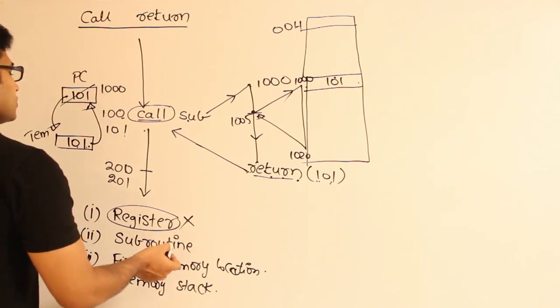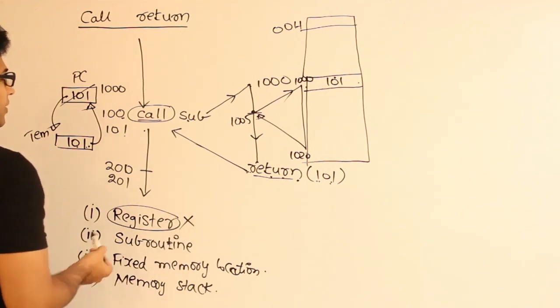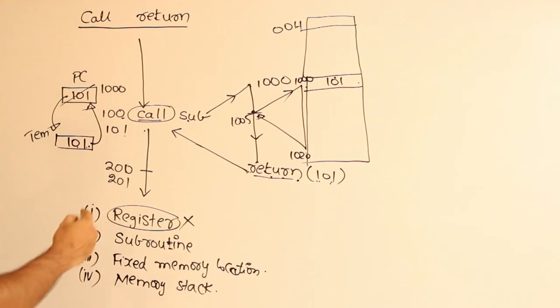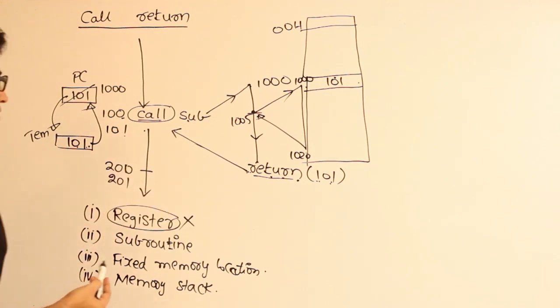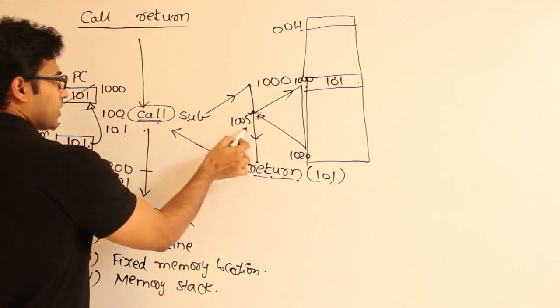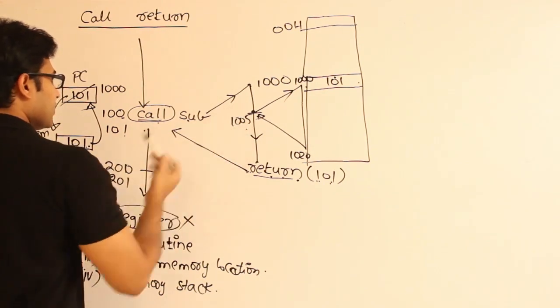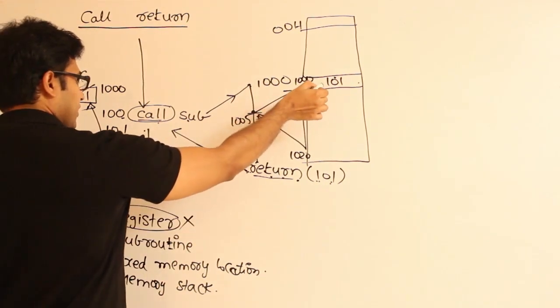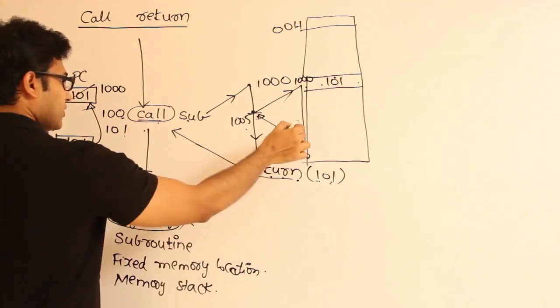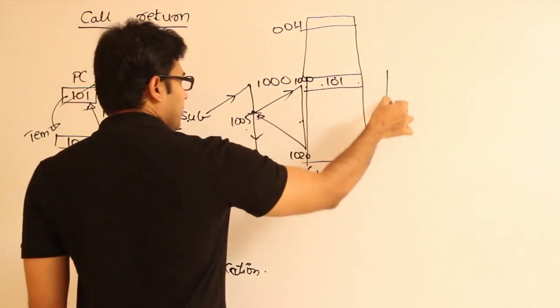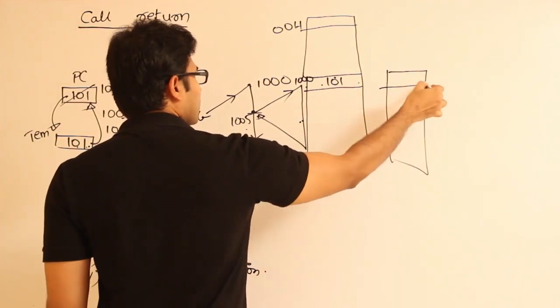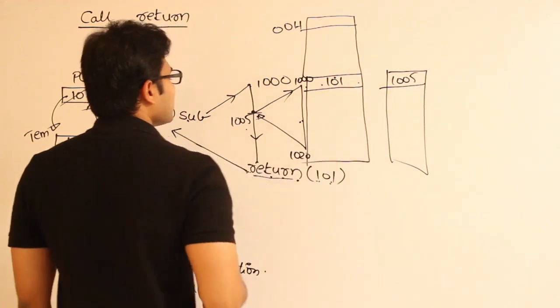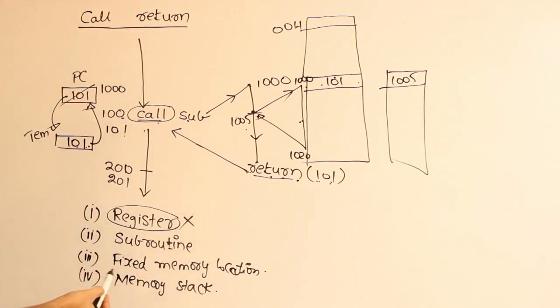Even if you are trying to store it in the subroutine, if you are calling two different functions, it will work. For example, if you are calling this function, then at the beginning of this function you can put the return address. Next, when you are calling some other function, at the beginning of that function you can put 1005. So it will work as long as a function is going to call a different function.